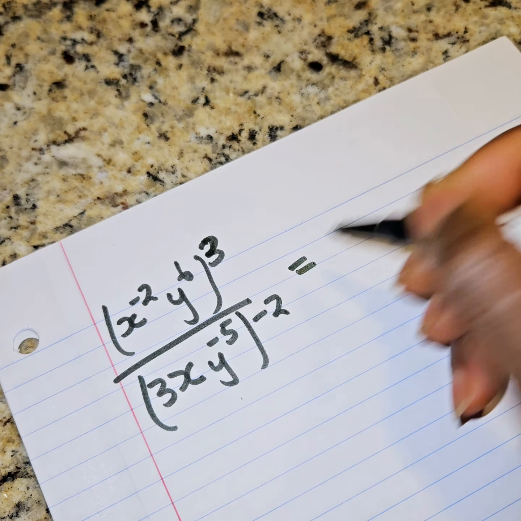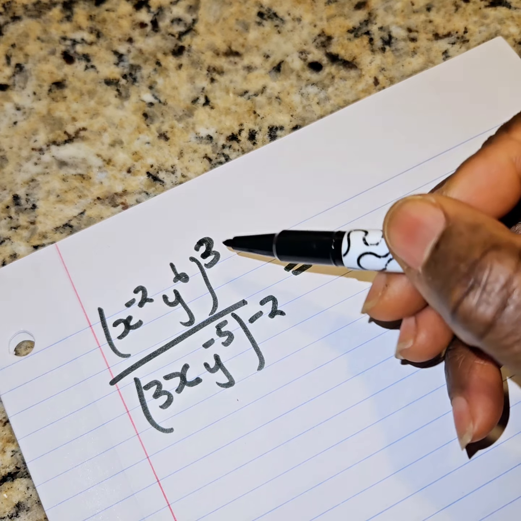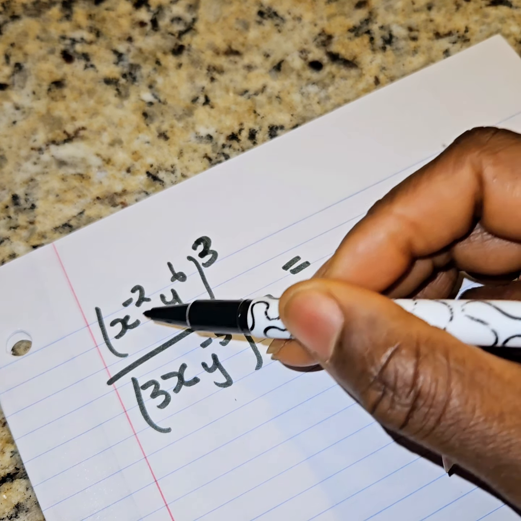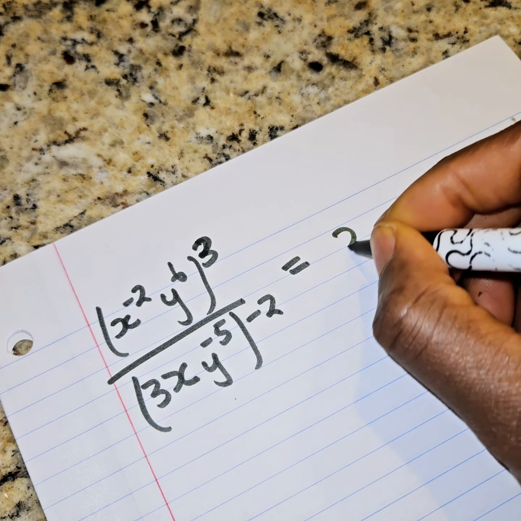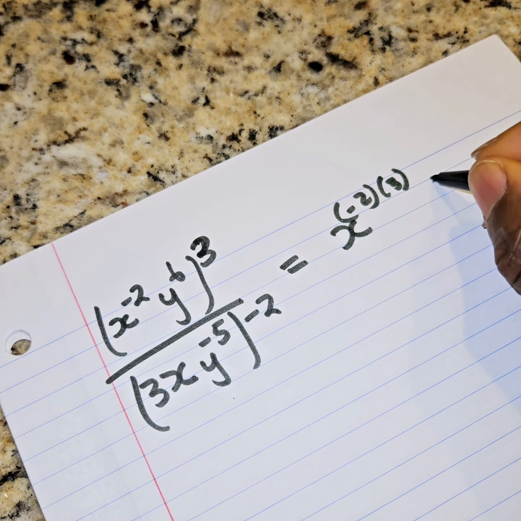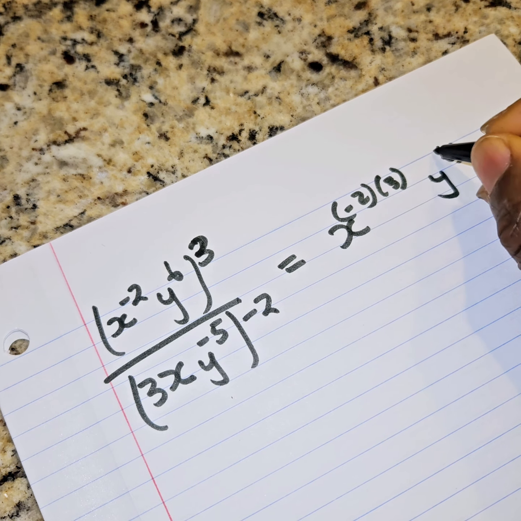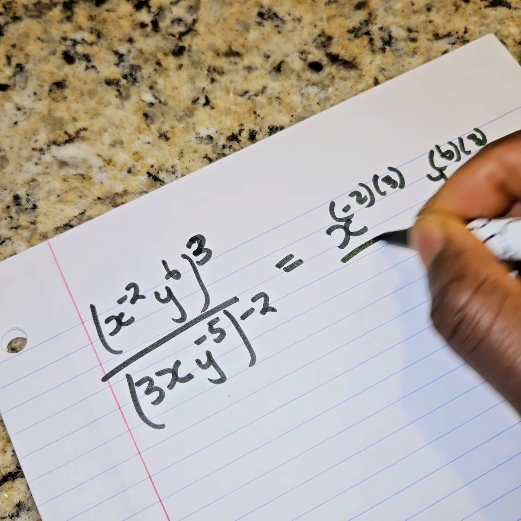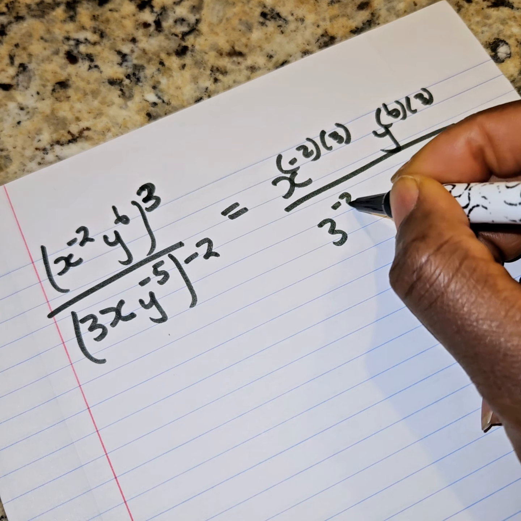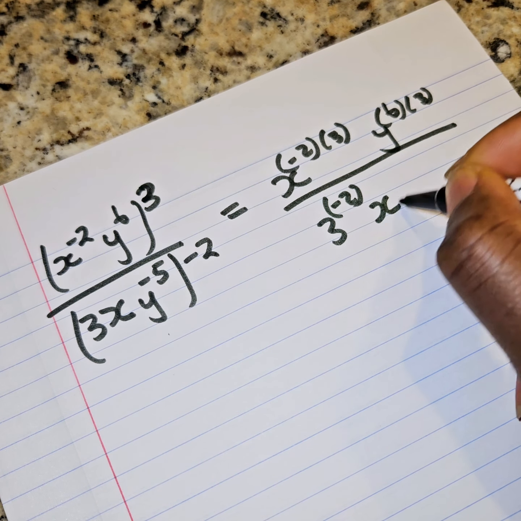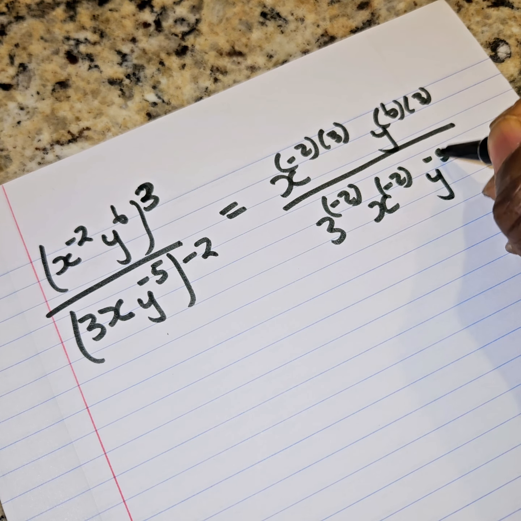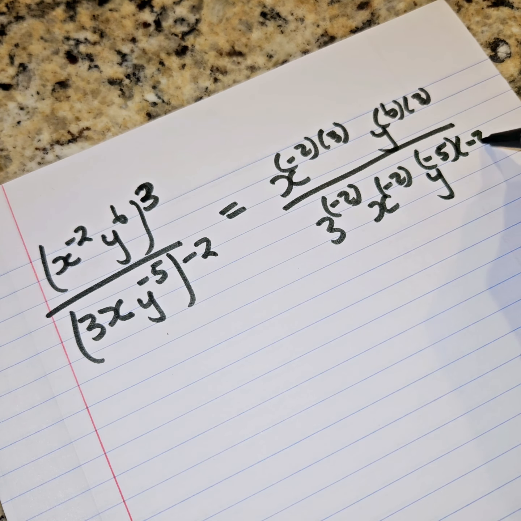The very first step is that we have to distribute the exponents to these variables. We have x to the negative 2 times 3, y to the 6 times 3, divided by 3 to the negative 2, x to the negative 2, and y to the negative 5 times negative 2.